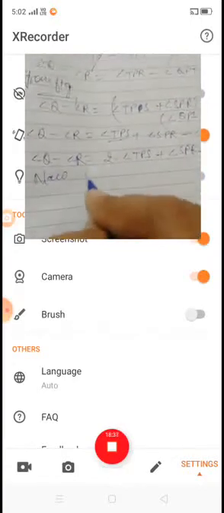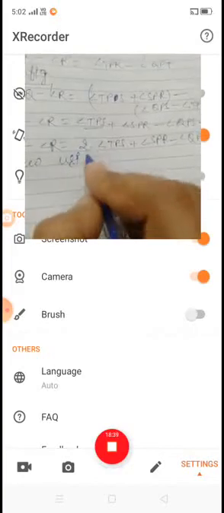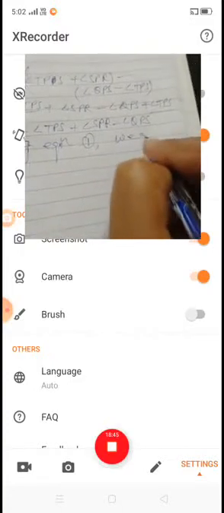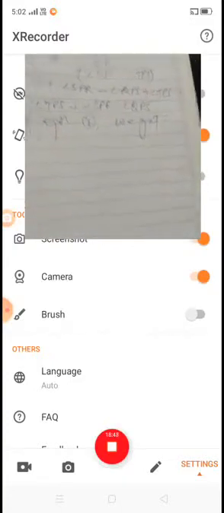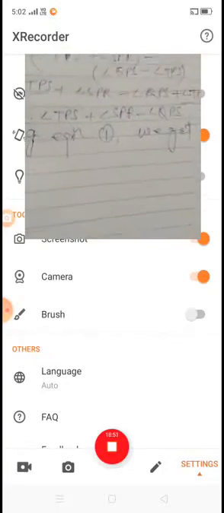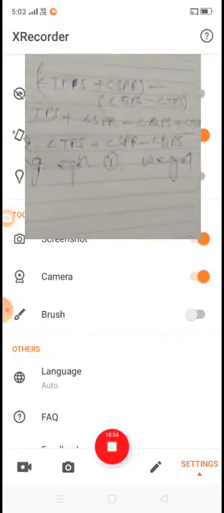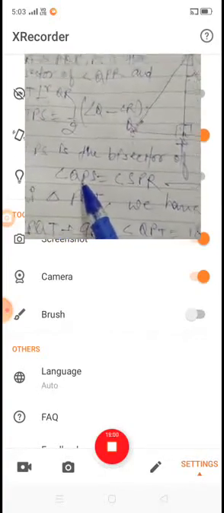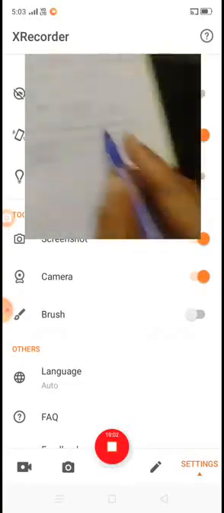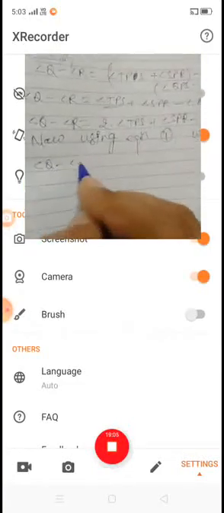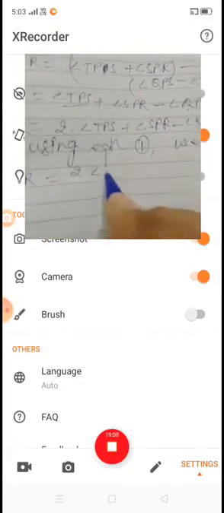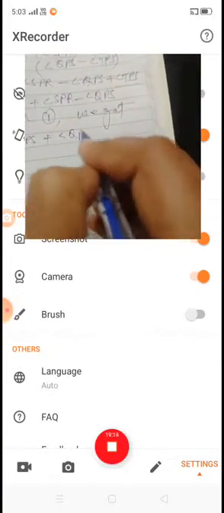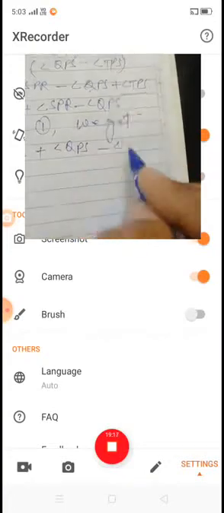Now using equation 1, we have angle QPS equal to angle SPR, so we put angle SPR equal to angle QPS, and write minus angle QPS as it is.